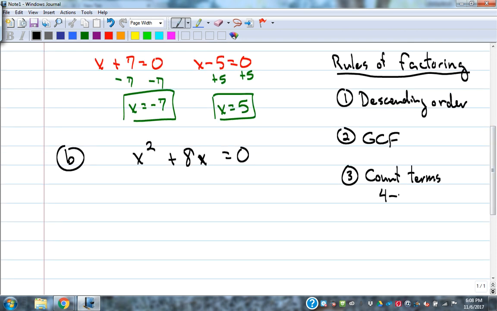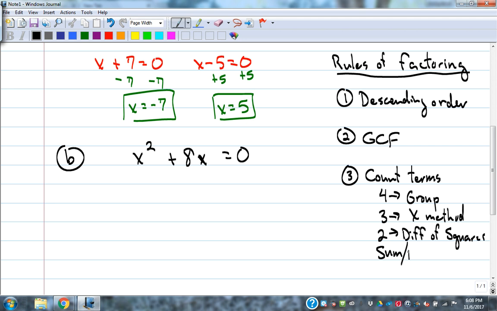There are 4 terms. We'll group. 3 terms. X method. 2 terms. Differences of squares. Or it could be a sum or difference of cubes. It won't be tonight because we're dealing with quadratics, but it could be later on. So we'll put a star by that one because it's not going to use the time.